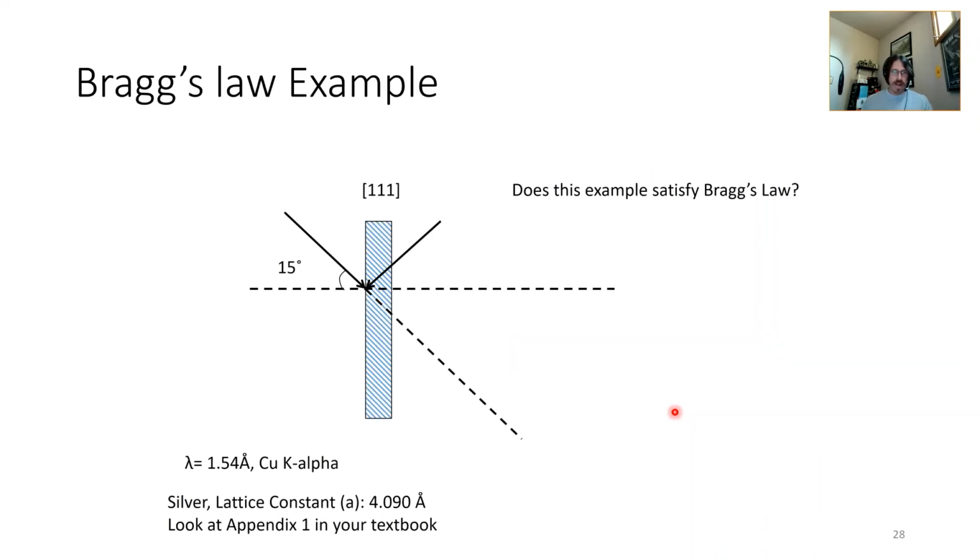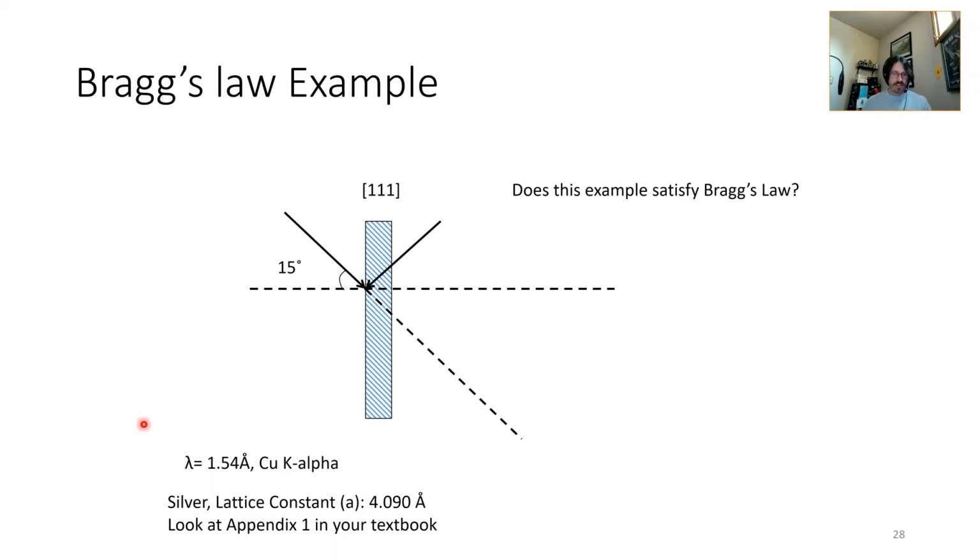Let's work out a Bragg's law example. Maybe I shouldn't be drawing it this way, but let's just go with it. So let's just say this is the 111 plane. I tried to make it angled so you see it's the 111 plane. Lambda equals 1.54 angstroms, copper K alpha.